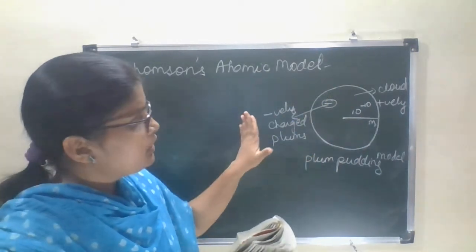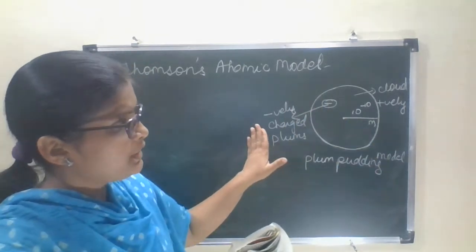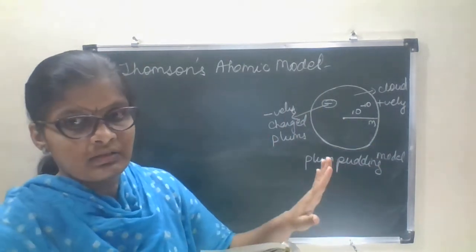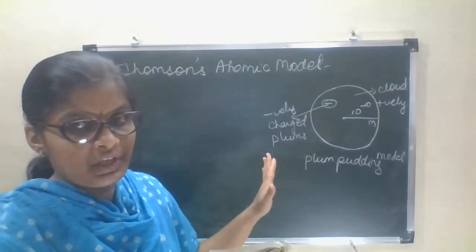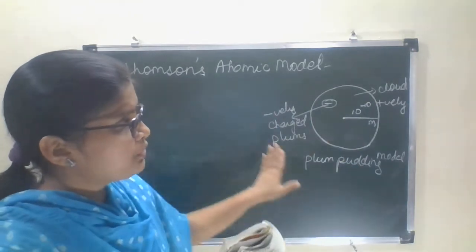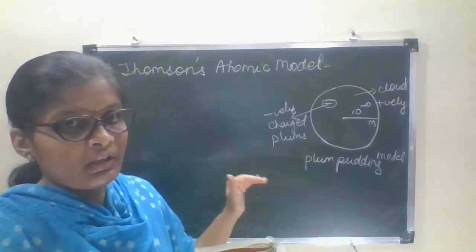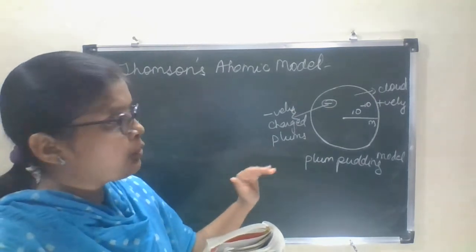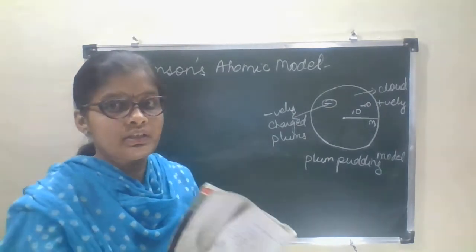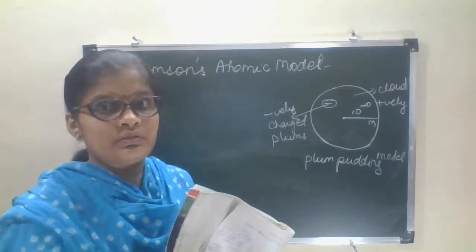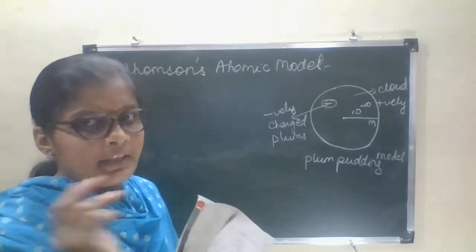It was uniformly distributed entirely in the sphere. This means the density of the positive charge was not decreasing with respect to space and time.